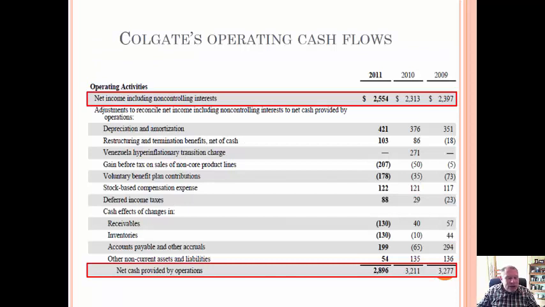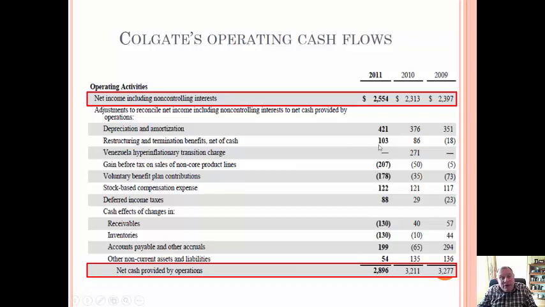If we're looking at this in Colgate, we start out with their net income, and very clearly, adjustments to reconcile net income, including non-controlling, to net cash provided. So we're adding back depreciation and amortization, restructuring and termination. Come back to our debits and credits. What they did in this case is they didn't pay it in cash.